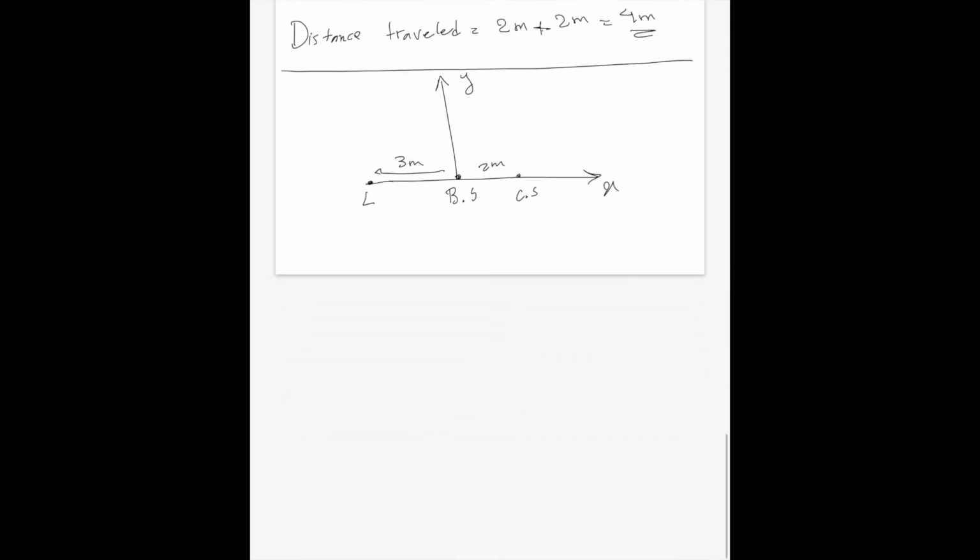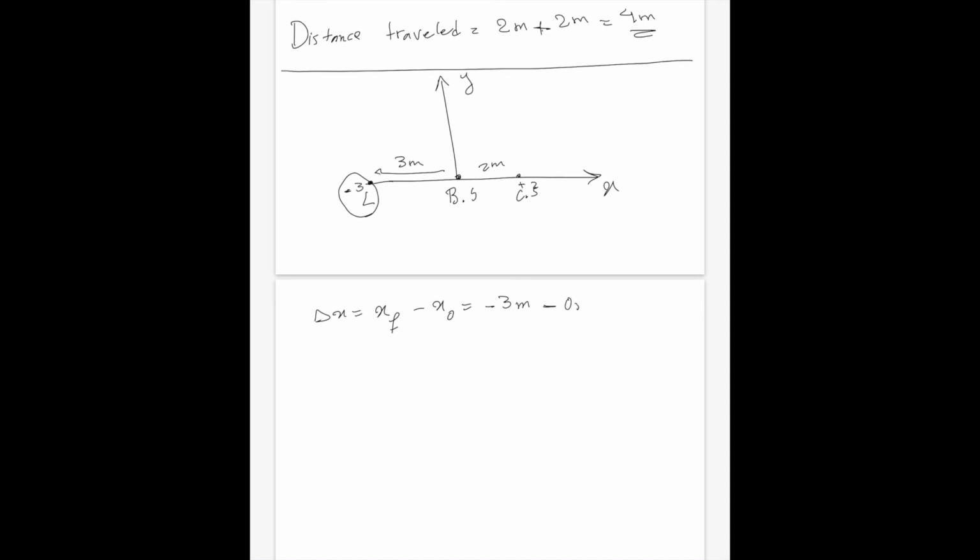Now what is your displacement from the bus stop to the library? Your final position is the library, so your final position is negative 3 meters because the library is on the negative side of the x-axis.